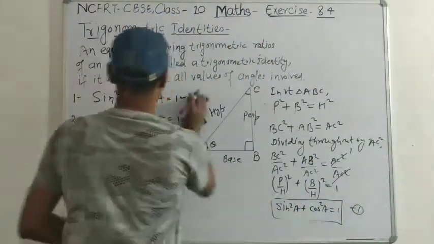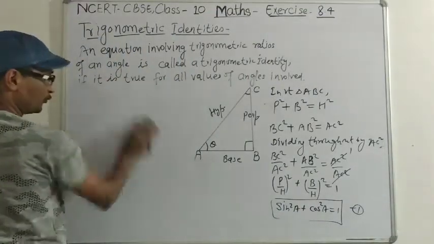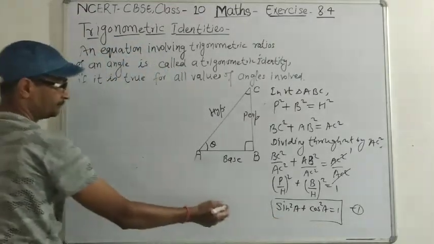With the help of this we can also get the second. The first identity is sin square A plus cos square A equal to 1.